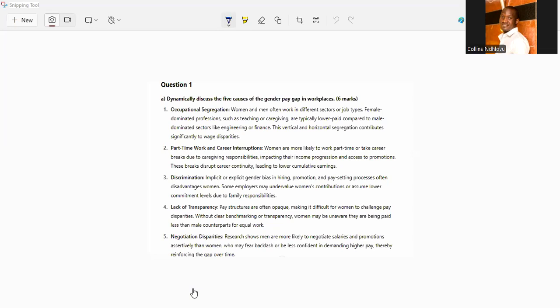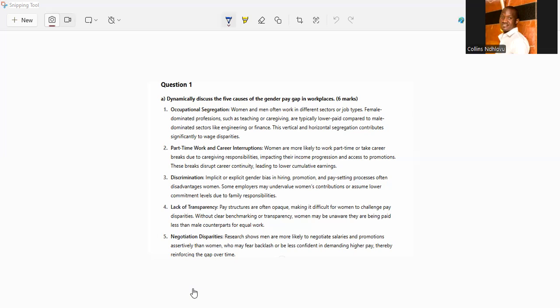This means that they will miss out on a number of experiences like promotions, okay? And as a result, they may not get as much pay in terms of overtime. Men, in this case, are seen to be less likely to take long breaks, so they keep moving up in their careers fast and promotions come fast.